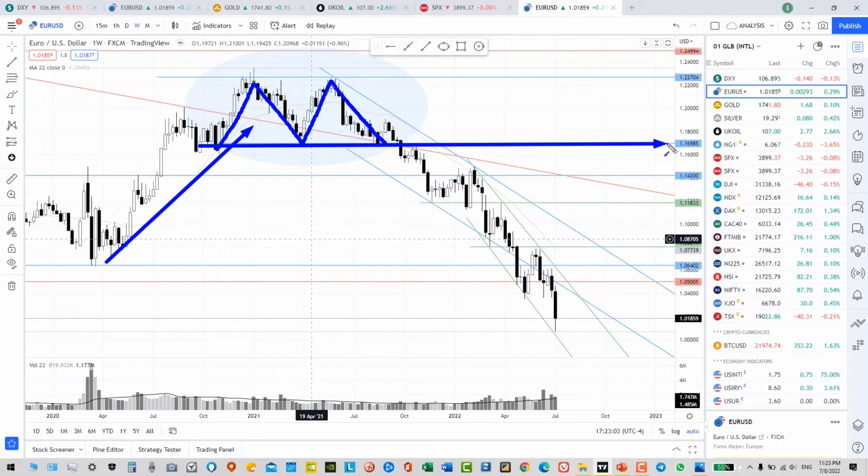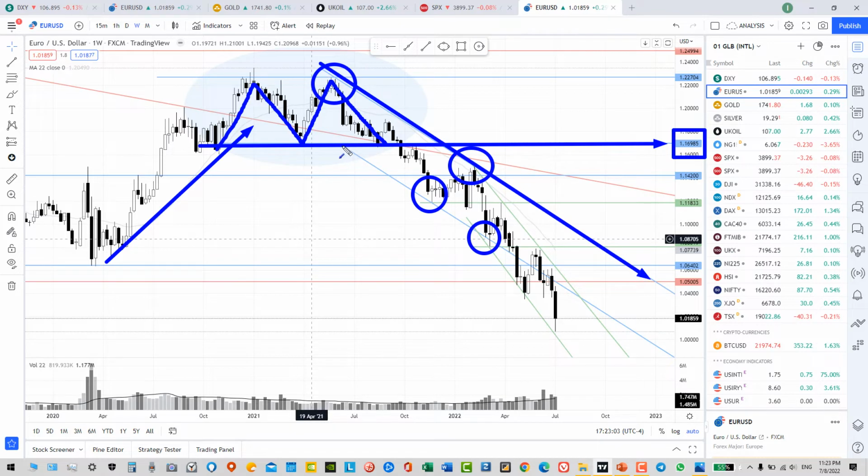It broke below the neckline, which was running through 1.16, and then it established a well-confirmed downtrend over the weekly chart. And here is the trend line, and here is the channel line.